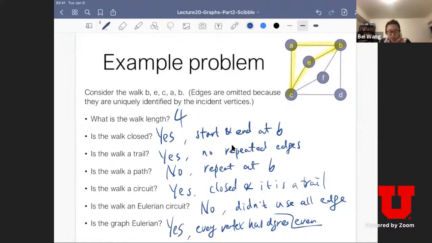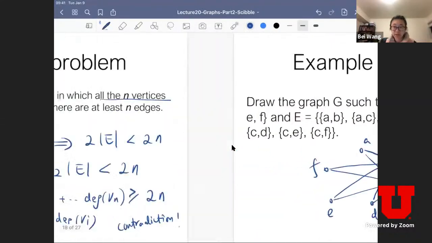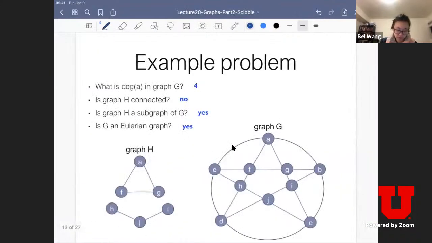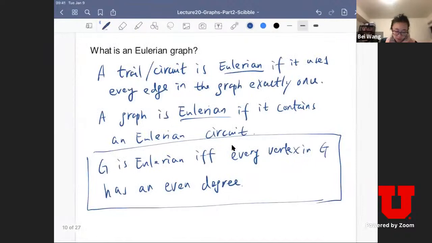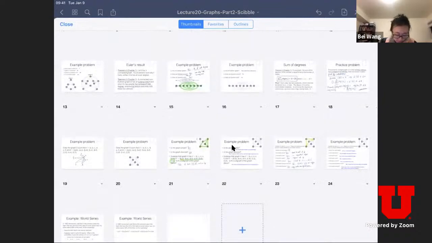Okay, so how does this work? Remember when I say something is Eulerian, let's go back to the definition. Right, a graph is Eulerian if it contains an Eulerian circuit, and a circuit is Eulerian if it uses every edge exactly once. So now we need to figure out, can we go through this using every single edge exactly once?